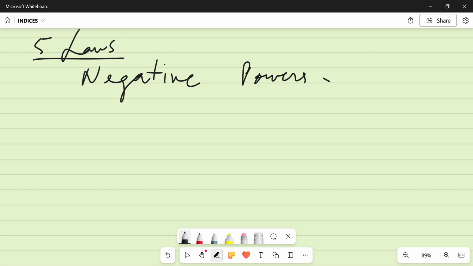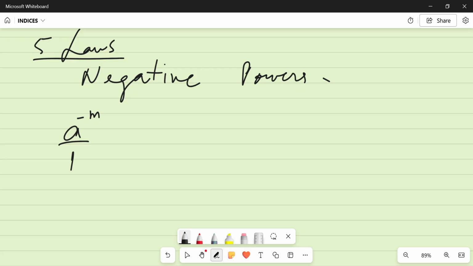So math people hate negative powers, you know. Let's see the example, a to the power minus m. So you need to convert this into positive. How? You know that every number, every variable has a 1 in the denominator side, right? We can forcefully make this a into a fraction by putting 1 underneath, right?